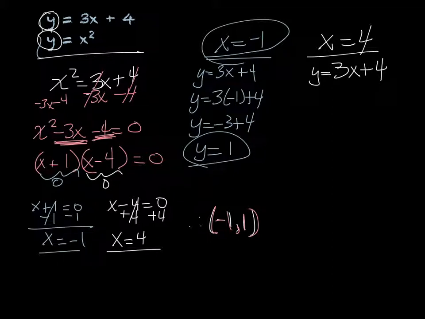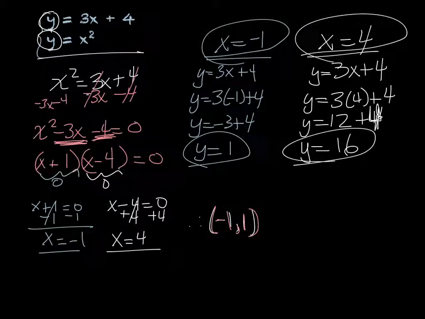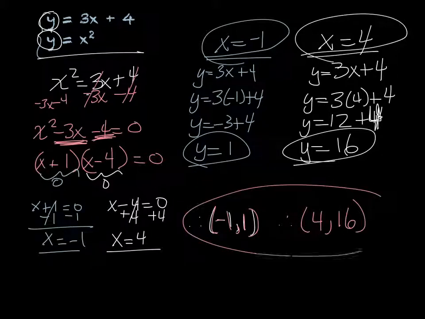Put in 4 for x, y equals 3 times 4 plus 4, y equals 12 plus 4. 12 plus 4 is 16, thus y equals 16 when x equals 4. So our other possible answer is 4, 16. Those are our two answers of intersection for this system.